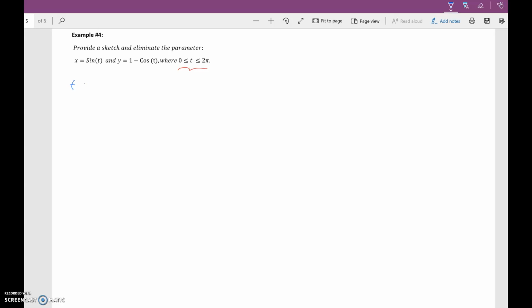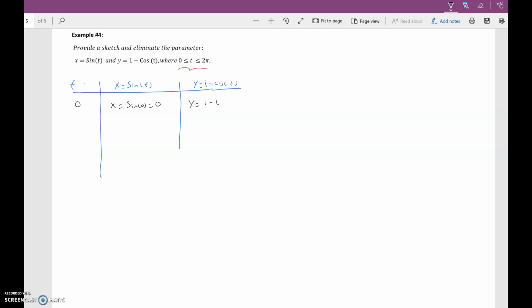So we have our t values, then x is equal to sine of t, y is equal to 1 minus cosine of t. And then let's get started at 0. So your x value is going to be sine of 0, which is 0.